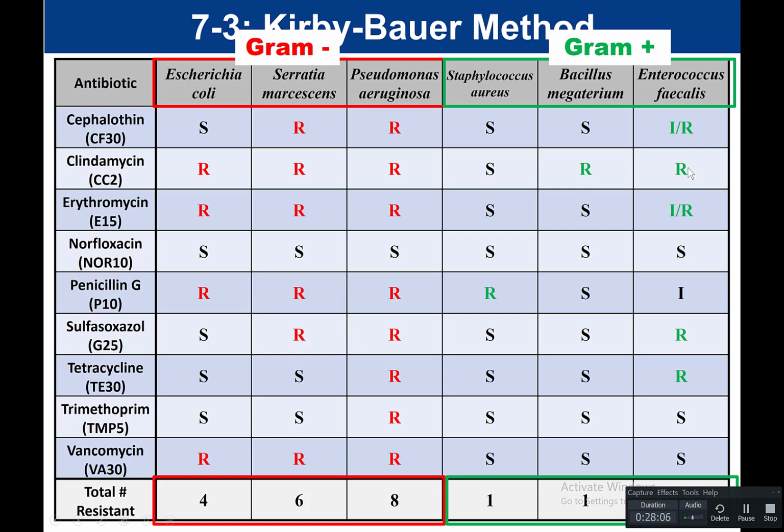So notice if you look here, you'll see that some of these are labeled IR, intermediate or resistant. It's kind of right on the border. And so on some plates, it might measure as being intermediate. On some plates, it might measure as being resistant. But again, seeing that there are other drugs that could be chosen for Enterococcus, norfloxacin could be chosen, trimethoprim, vancomycin, well then these drugs that are IR are probably not the ones to choose.